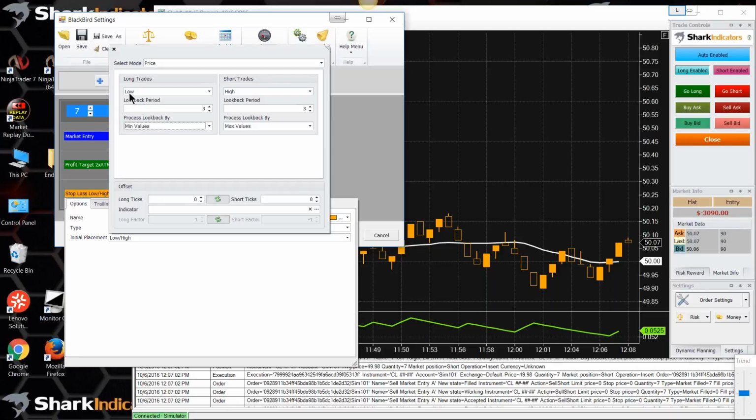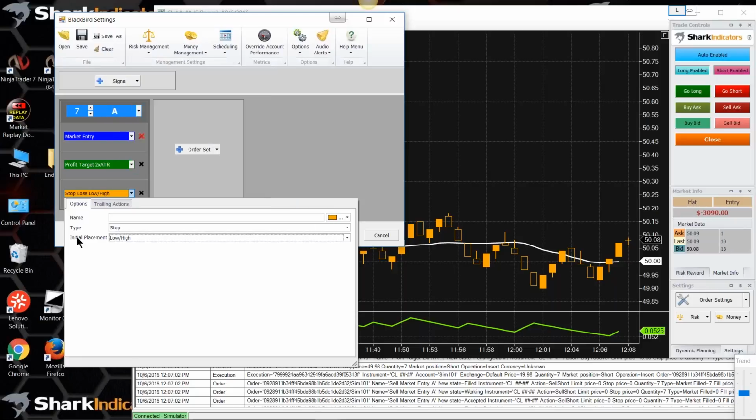So you want to use the minimum of the last 3 low prices, and then for a short trade you'd want to use the high, and use the maximum value of the last 3 high prices to set your stop loss. That sets it up for the initial placement here.